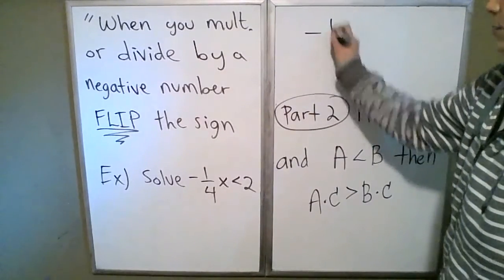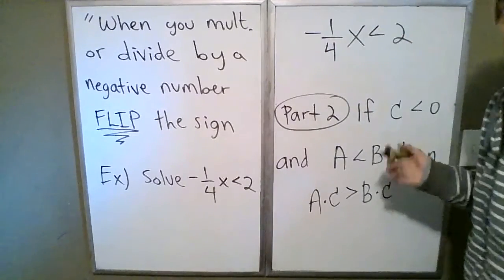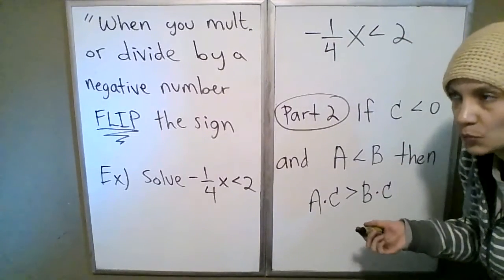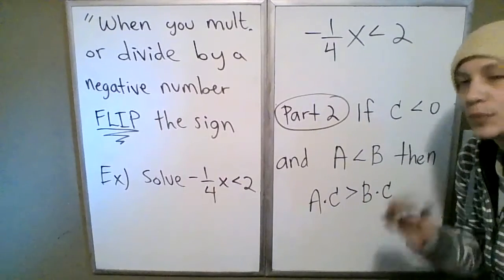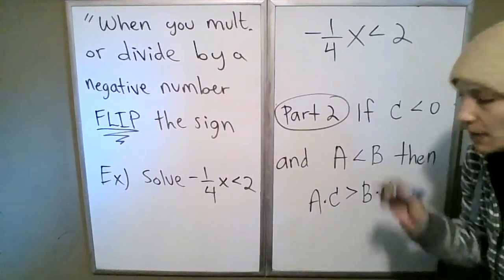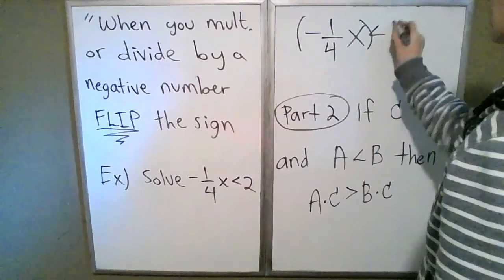Okay, so it's negative 1/4 x is less than 2. Let's say we just jump straight to isolating x by multiplying both sides by a negative 4.